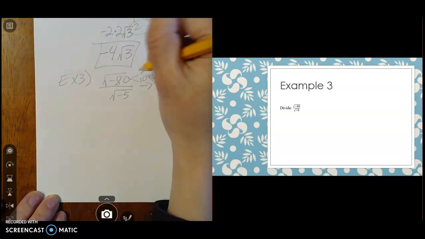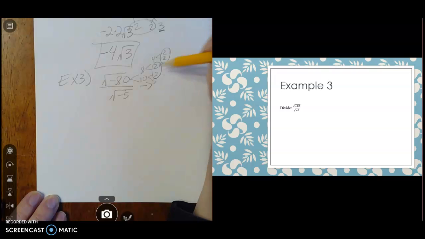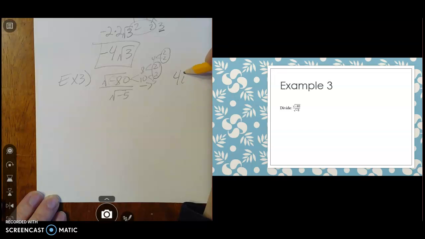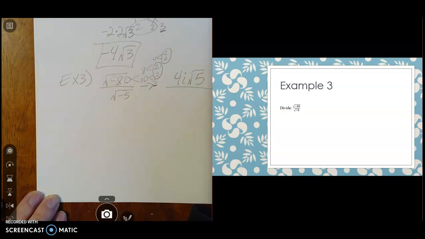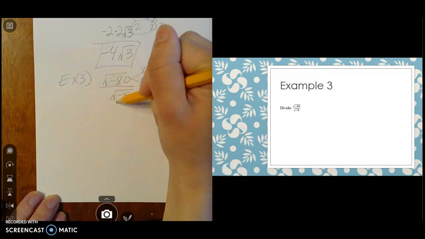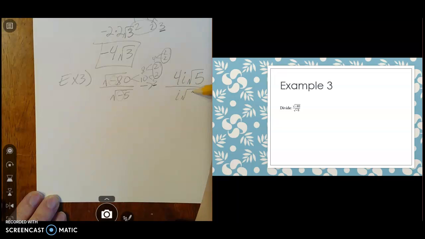Erase this so we can make it nicer. So I'm going to do 2 times 2, which would be 4. That negative will be a 4i. And then this little 5, who didn't have a group, will go on the inside. Okay? And the denominator, with this square root of -5, the only thing I can do is take out the negative. So that would be i square root of 5. 5 doesn't break down, it's nice and prime.